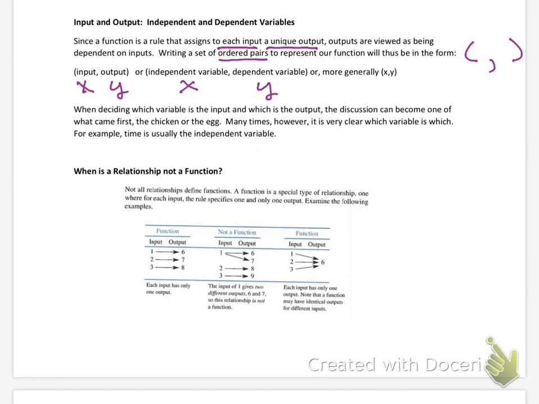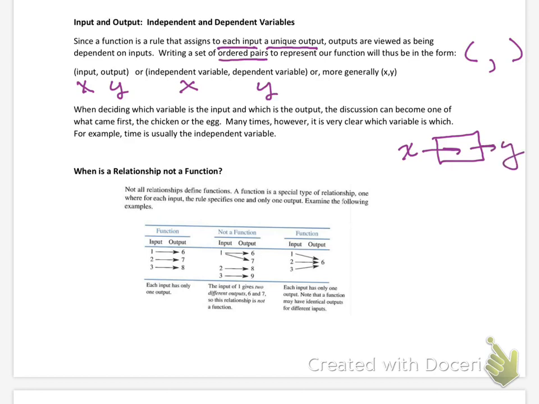So know that your x comes first. It comes first alphabetically, and it comes first in functions because the input drives the train. The input results in the output. That's the old factory model of a function: x's come in, and y's come out.